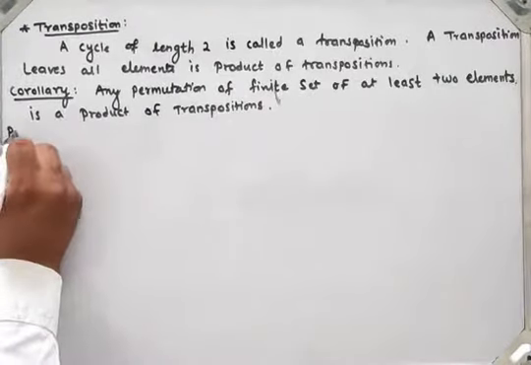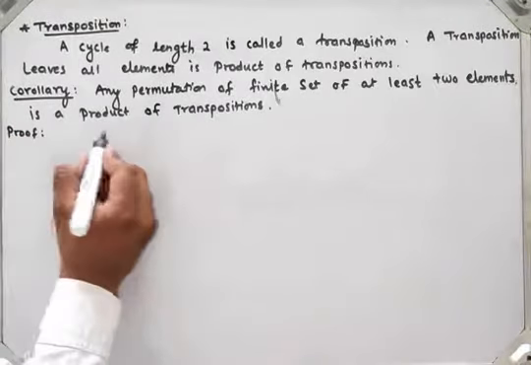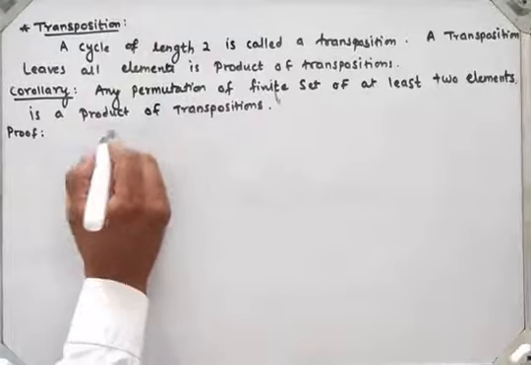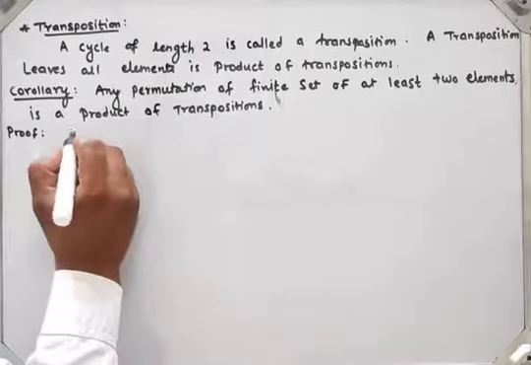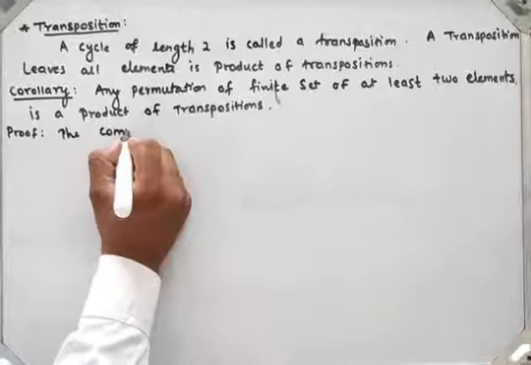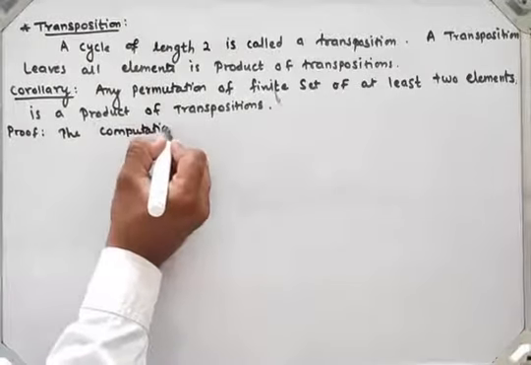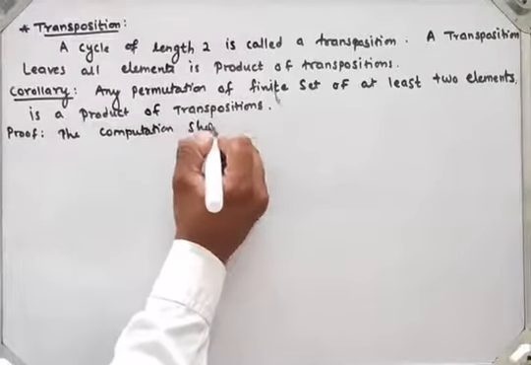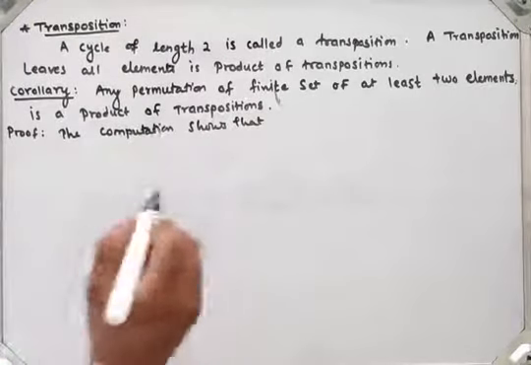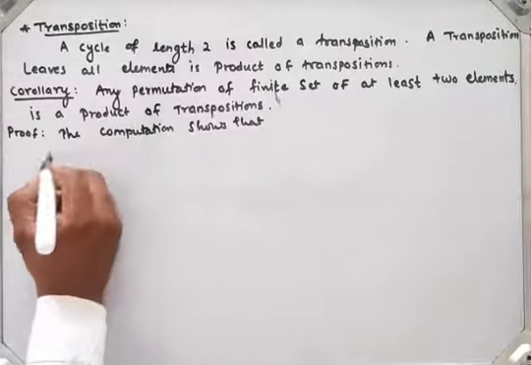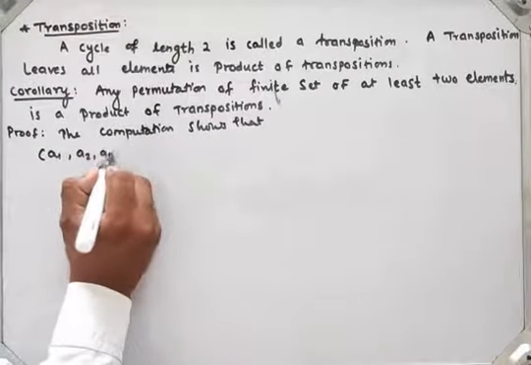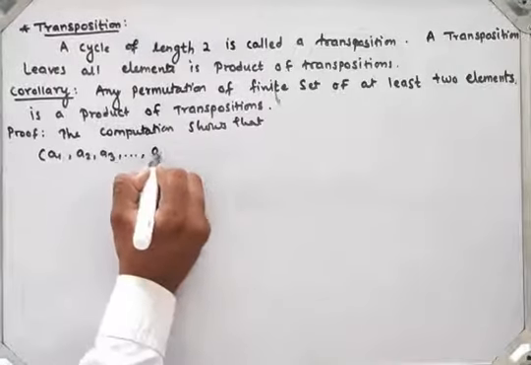So proof of that. A computation shows that. So I will write here a single cycle having n elements: a1, a2, a3 up to an.